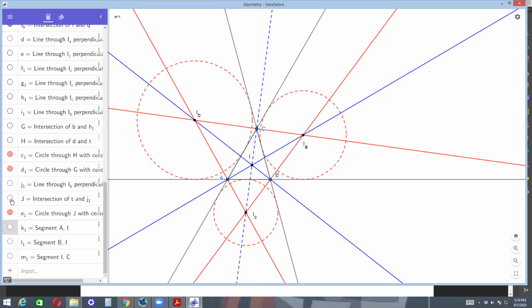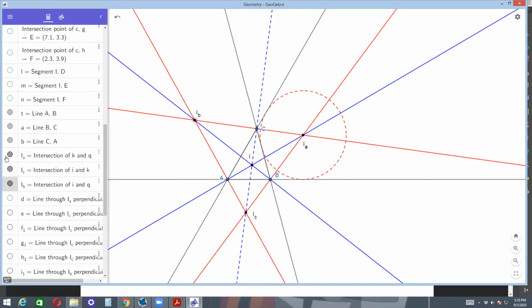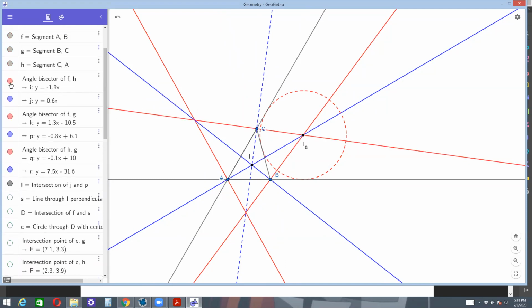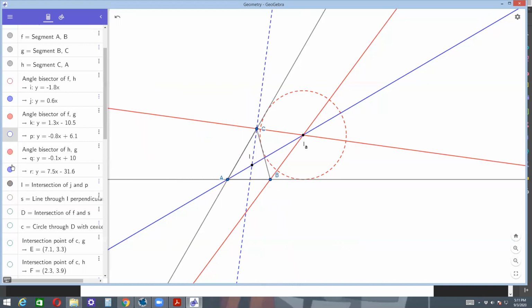Right, now how you would prove those is similar to the incenter. So what you would do is let me remove some of these things and show you just one of them. Don't need B, I don't need C. I don't need this one or this one.